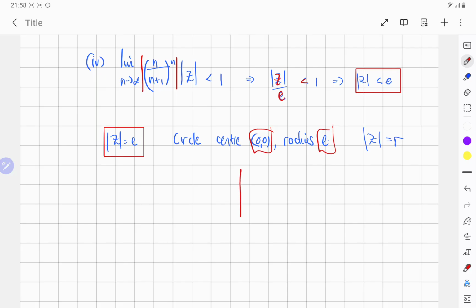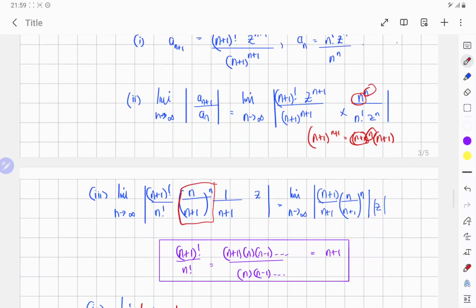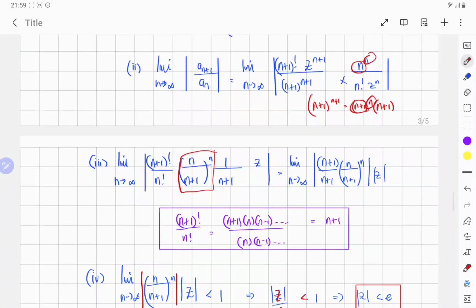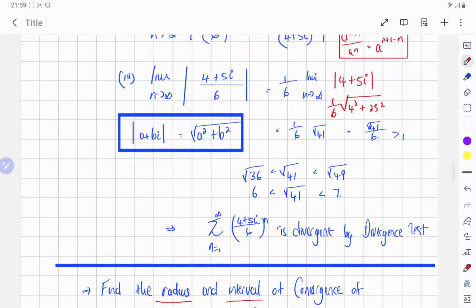So for all those values, but just remember we're in the complex plane. So we have our imaginary axis and our real axis, our center (0, 0), our radius e. So anything in that circle will make my series convergent. So that is the end of the ratio test.